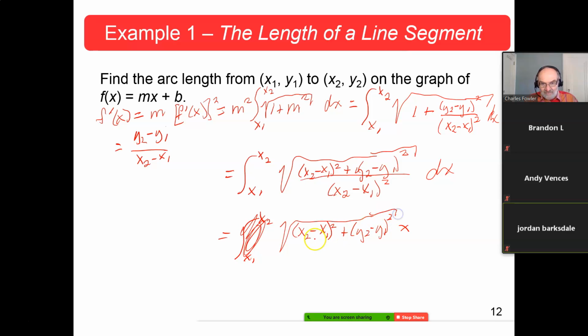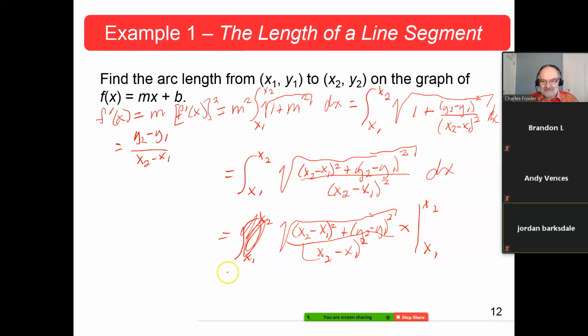Now this is all inside the square root over x2 minus x1 squared. Okay, times x. Okay, evaluated from x1 to x2. This is that x.